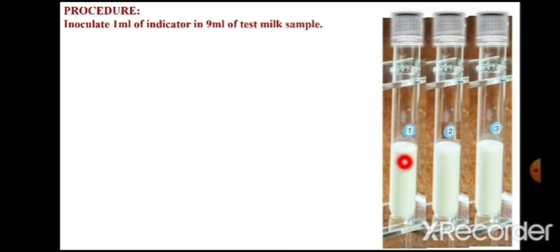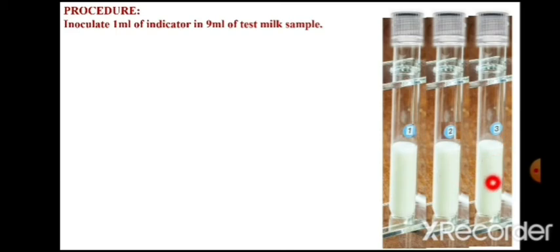In the first tube, which represents negative control, there is addition of 9 ml of pasteurized milk or boiled milk. Then in the second tube, which is the test milk sample, there is addition of 9 ml of test milk sample.